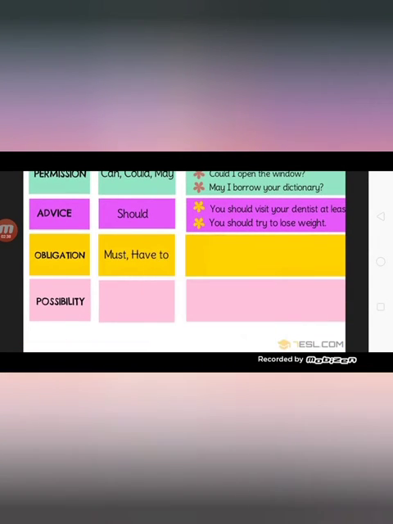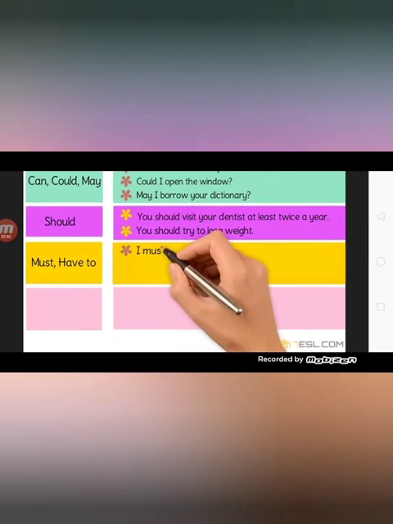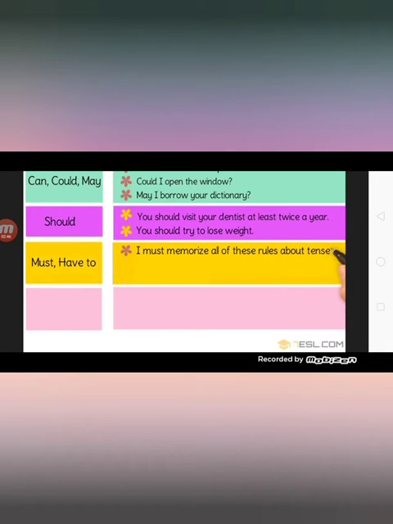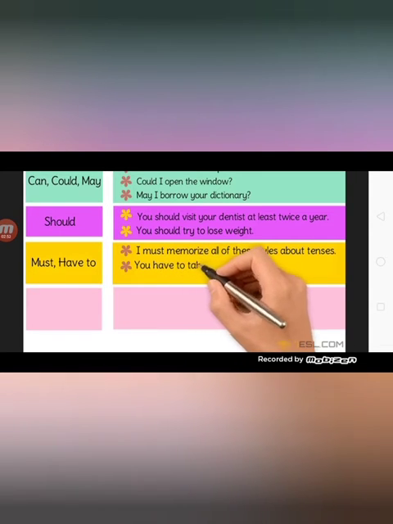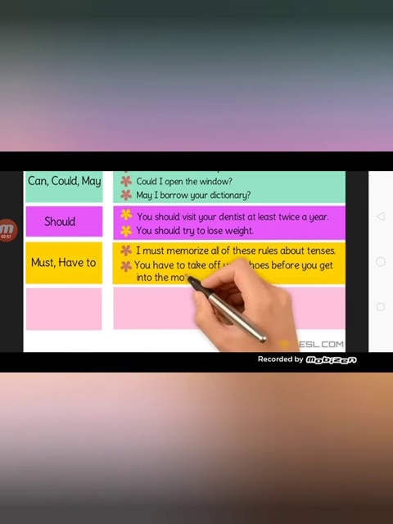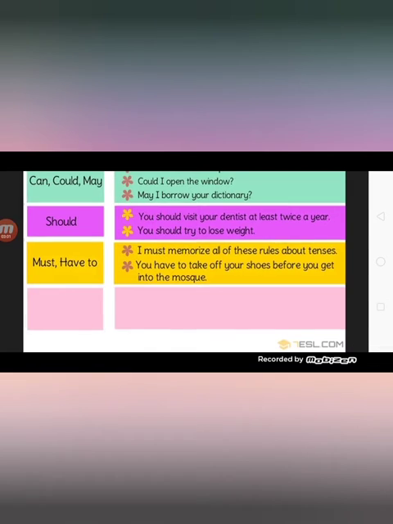Next is obligation. In obligation, must and have to, these modal verbs are used. The example says: I must memorize all of these rules about tenses. And the next example is: you have to take off your shoes before you get into the mosque.